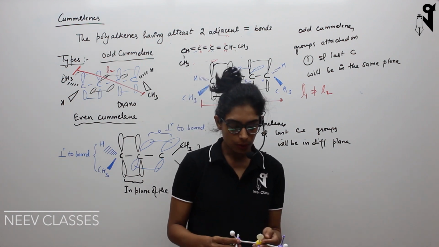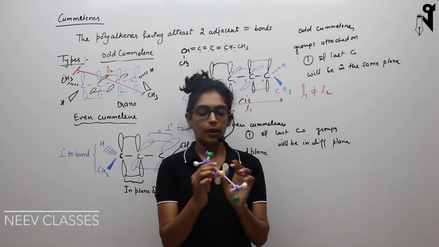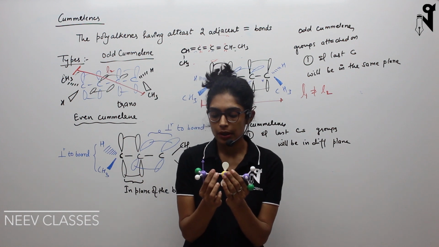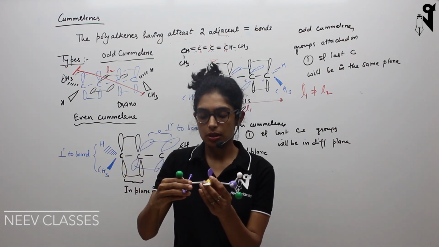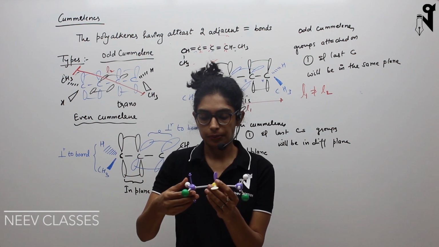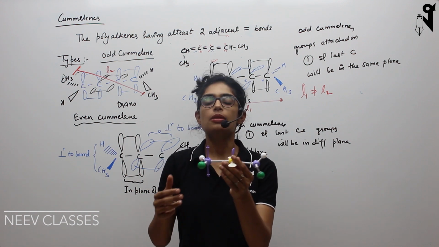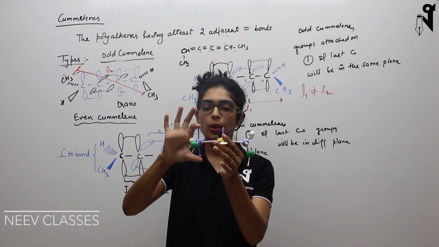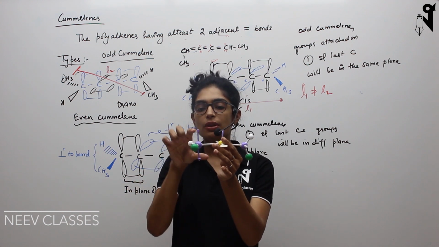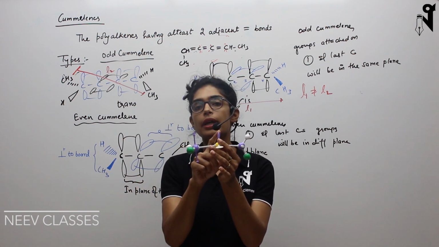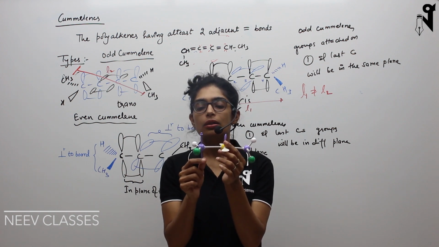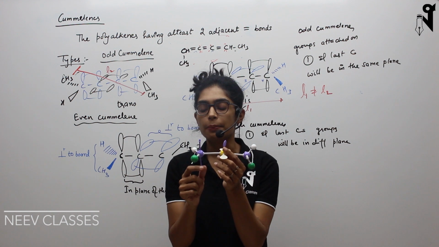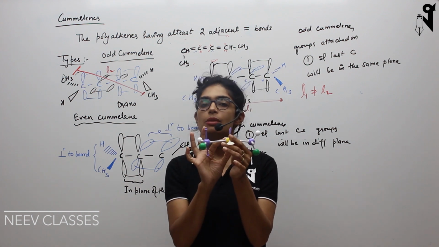Okay, so let's see again. So this is my even cumulene. This is one pi bond, this is the other pi bond, between the first carbon and the second carbon.